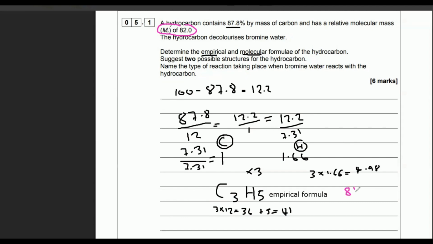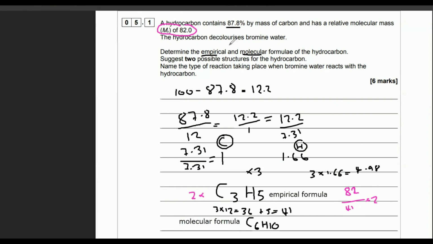So 82 divided by 41 equals 2. So I need to times the empirical formula by 2. If I go 2 times C3H5, I'm actually going to get the molecular formula, and the molecular formula is going to be C6H10.